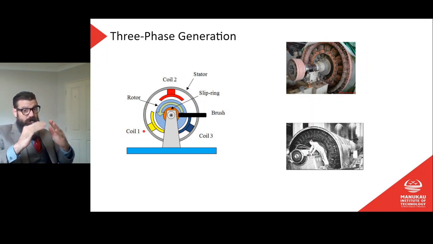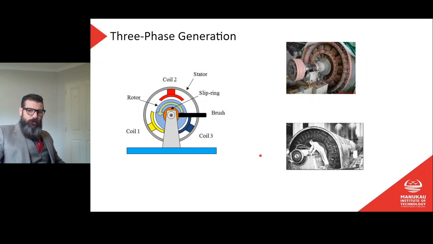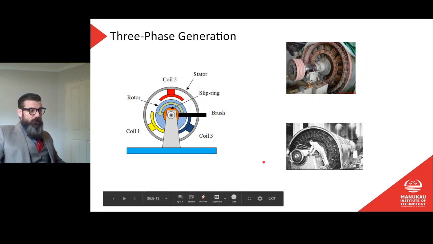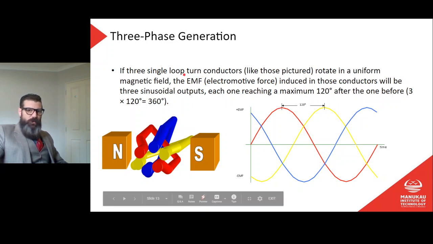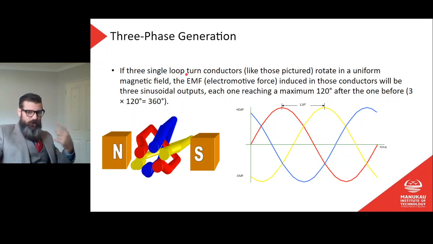And we've seen how the sine wave for a three-phase sine wave works, right? As one's coming up, the other two are going down, and so on and so forth. And here it is here. If three single loop turn conductors, just like the ones we saw in the very first diagram, and when it says single loop turn conductors, that means it's a one turn conductor.